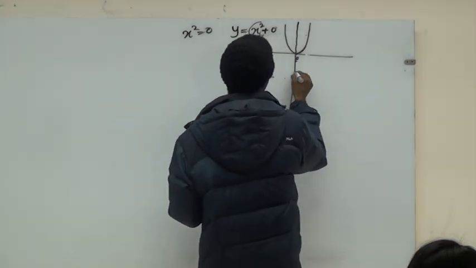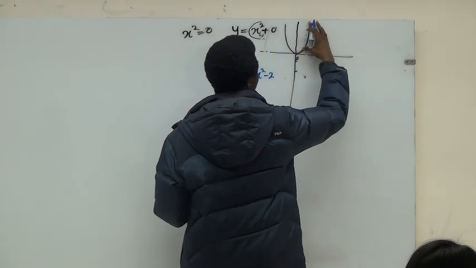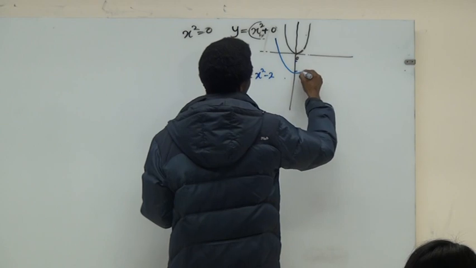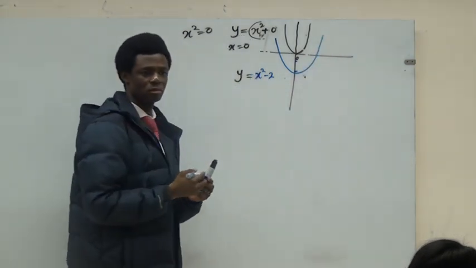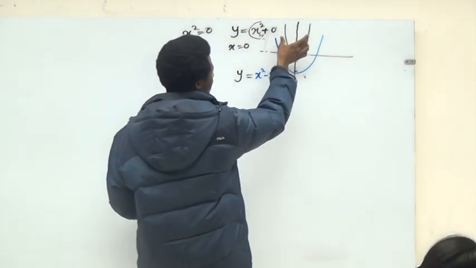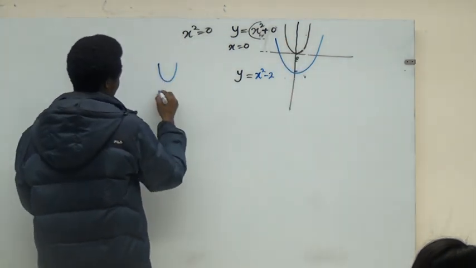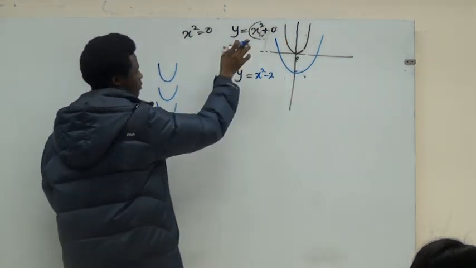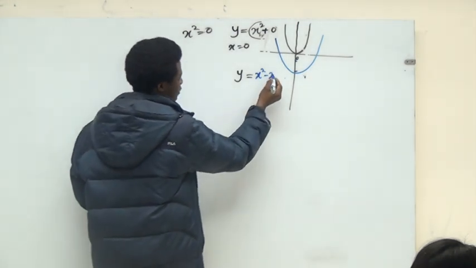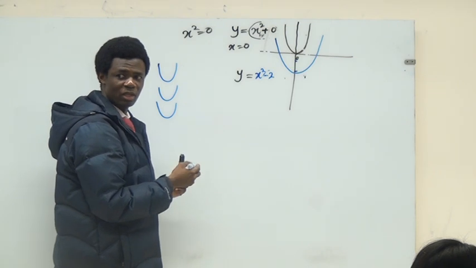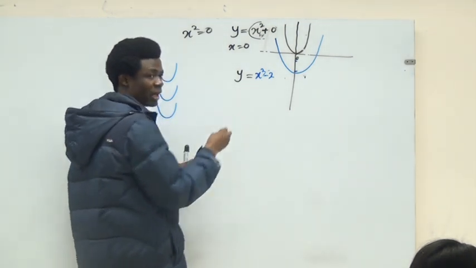This is 1, this is 2. So I'm going to move this shape the way it is, 1, 2. So it's going to be something like this. This shape, x squared, is like this, so it's going to just move down by 2 steps. That is the negative 2. Movement along the y-axis is determined by that constant.